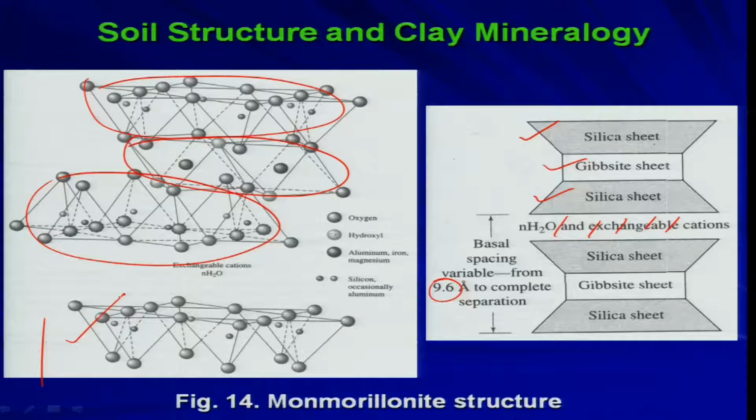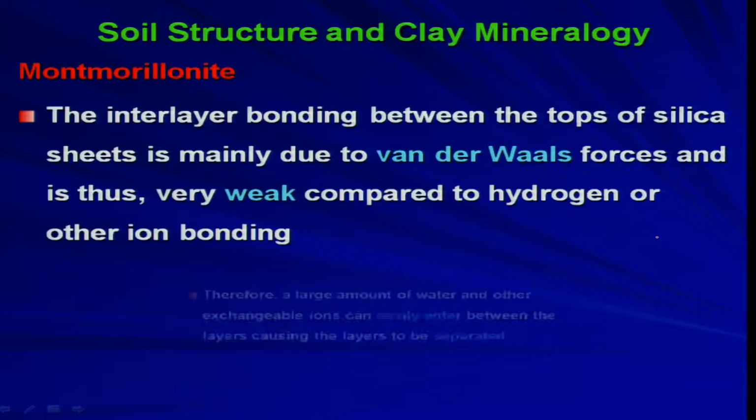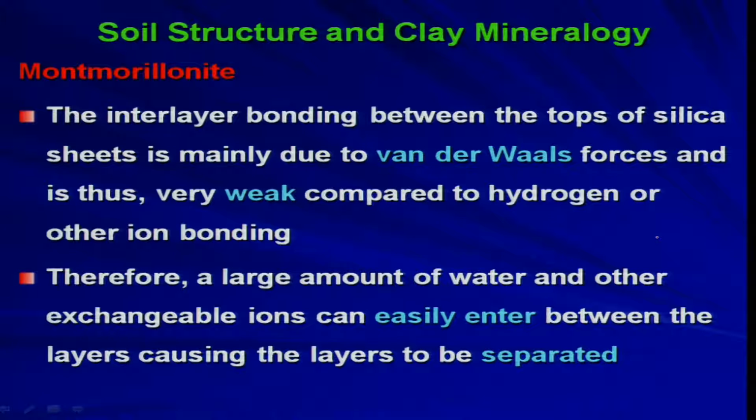So the van der Waals bonding happens between the tops of 2 silica sheets, along this interlayer, and it will be very weak. Therefore, a large amount of water and other exchangeable ions can easily enter between the layers, causing the layers to be separated.